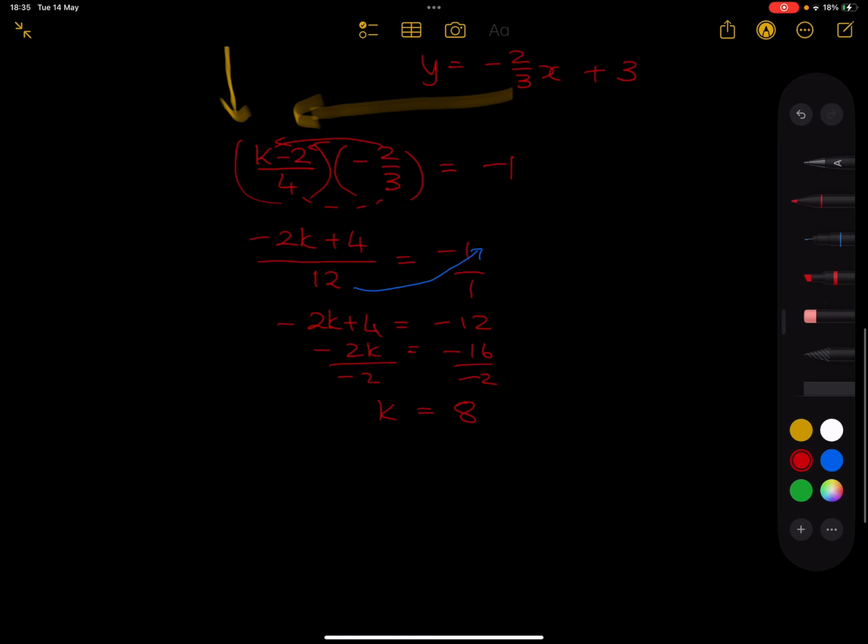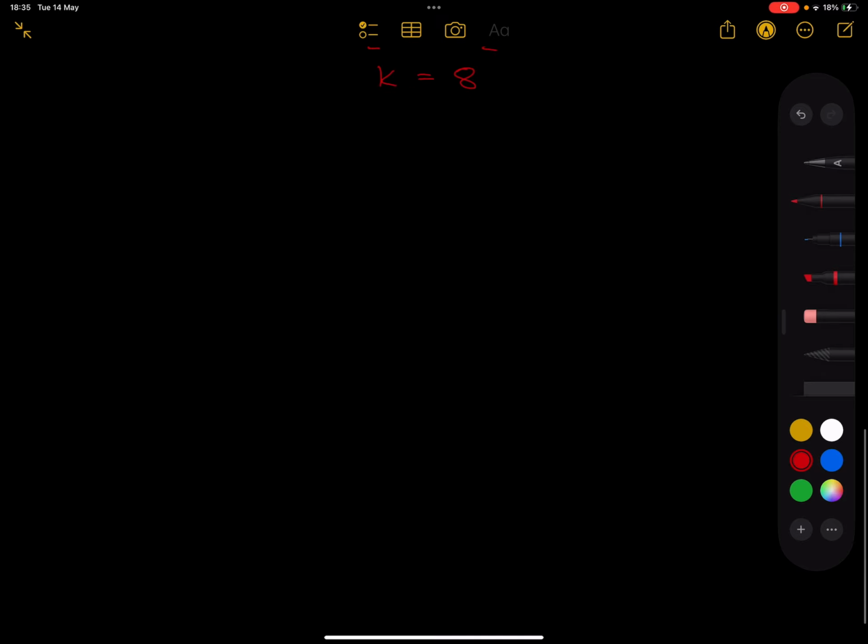Inclination. Okay, let's do one of them again from the inclination. So you have the gradient with the line inclination.